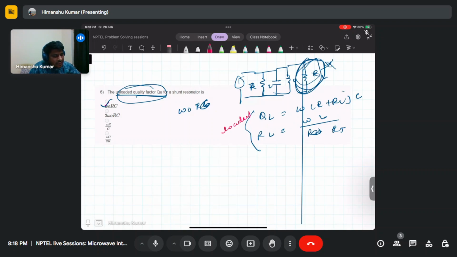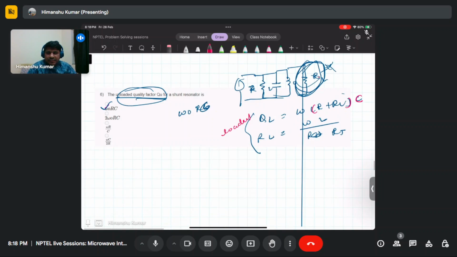R plus RL times C. You just add this resistance in parallel, so they will just get added in parallel. In place of R you just made R plus RL.